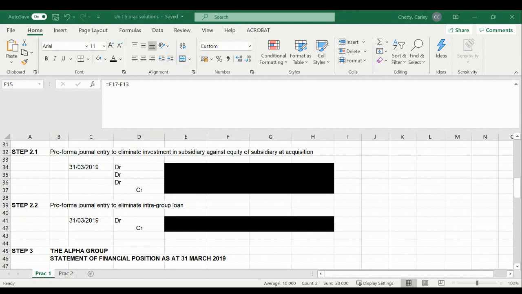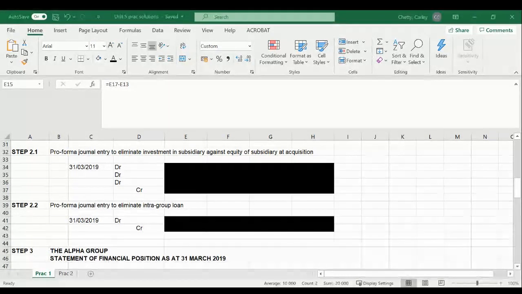In its separate financial statements, it is okay to have the loan between Alpha and Beta. But when we are preparing the consolidated financial statements, we are basically looking at it as one company. So a company cannot owe itself money, and we need to eliminate this intra-group loan. Who can tell me what the journal entries are to eliminate this intra-group loan between Alpha and Beta?